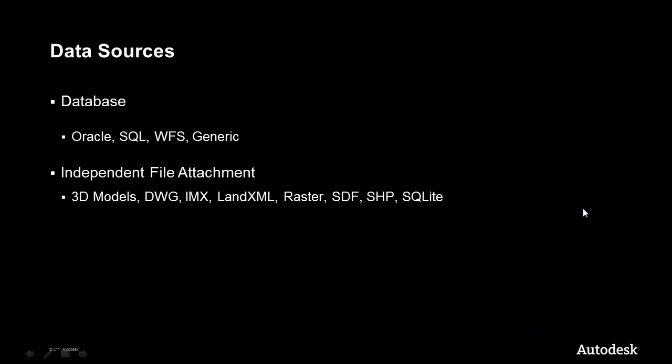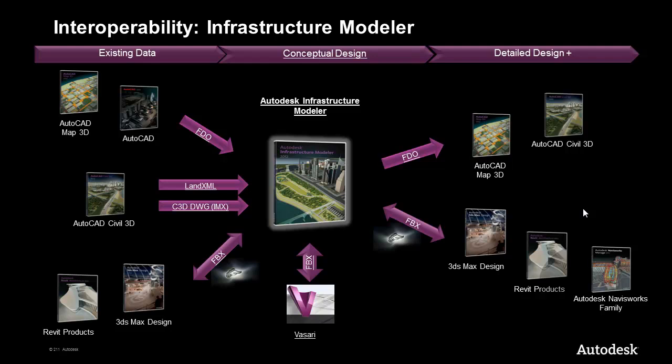So again, I showed you the data sources and the different data types, and we attached a few. Okay, so let's talk about interoperability for a minute. So you can see Infrastructure Modeler can consume a lot of data, but later on I'm going to show you how you can send the data out. So this is a round trip. Your data is not ending right here, and the design that you do in Infrastructure Modeler is not going to end there.